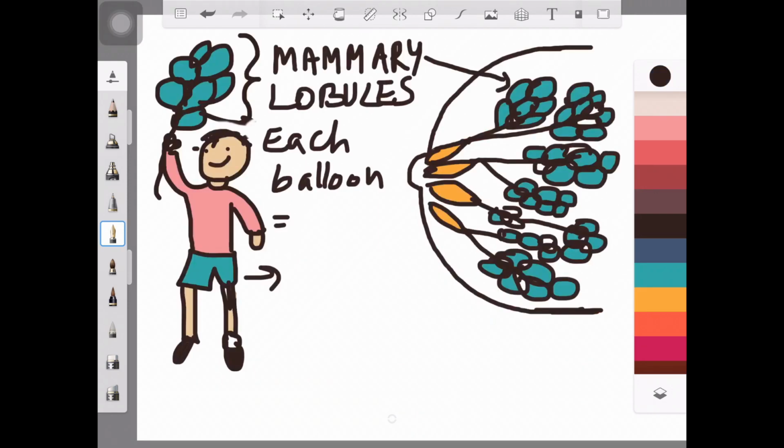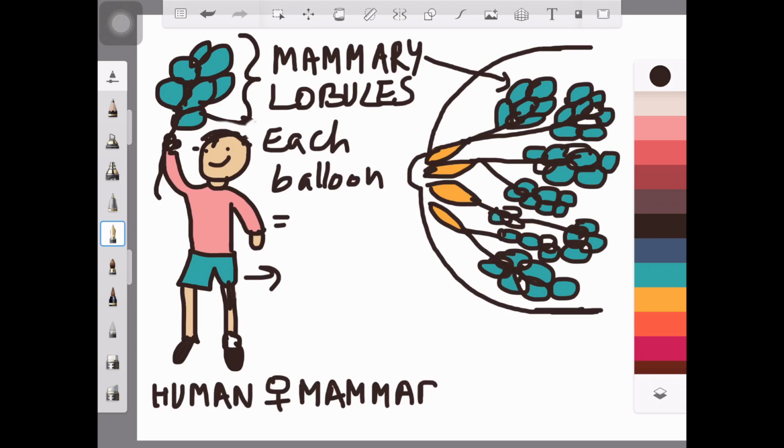Here we can see the highly simplified diagram of the human female mammary glands, which are paired structures meant to produce milk. A feature of all mammals.